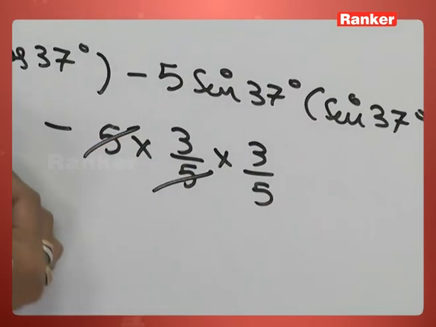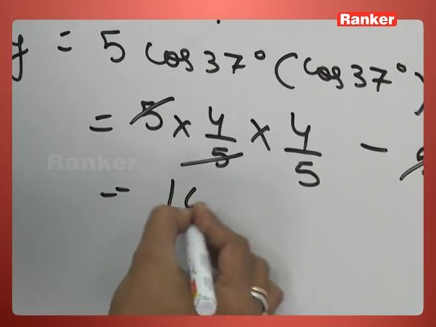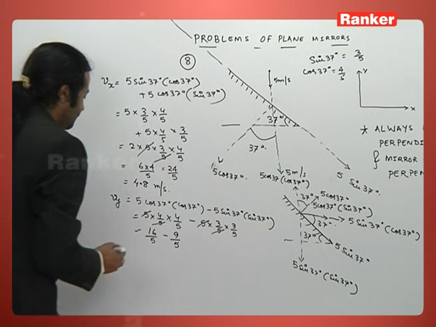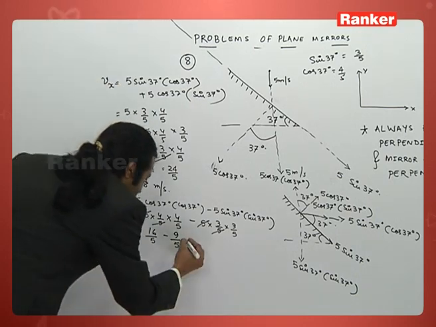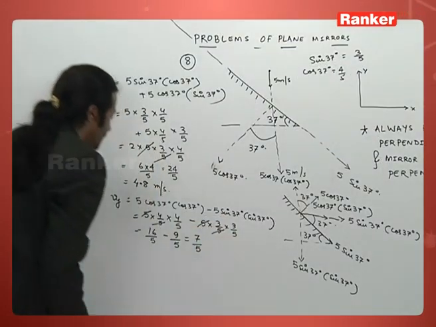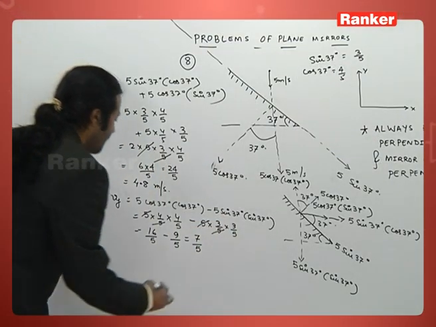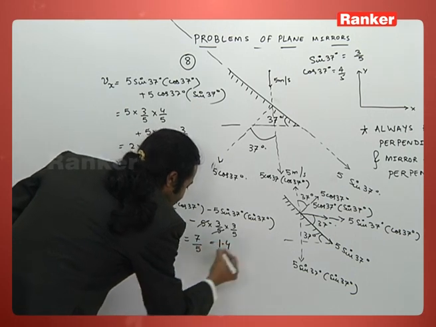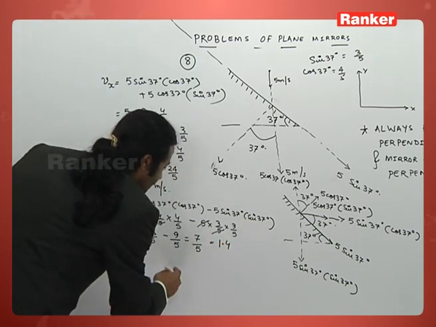So one 5 cancels out. So this is 16 by 5 minus 9 by 5, which becomes 7 by 5, that is 1.4.